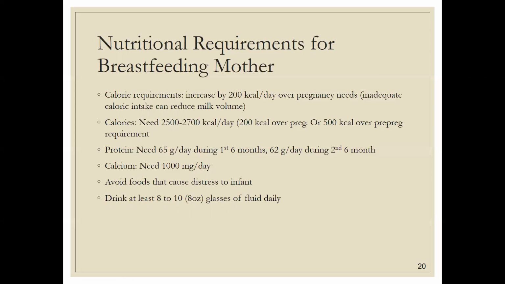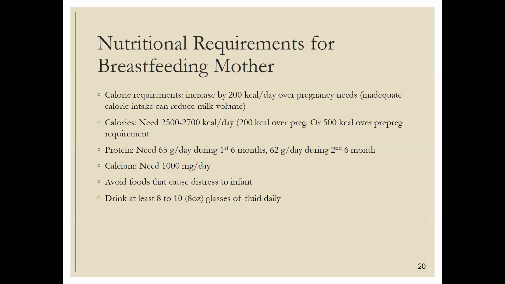You need about 2,500 to 2,700 kilocalories per day, or 500 kilocalories over a pre-pregnant requirement. Protein, you need about 65 grams per day during the first 6 months, and then 62 during the second 6 months. Calcium, you need about 1,000 milligrams per day.